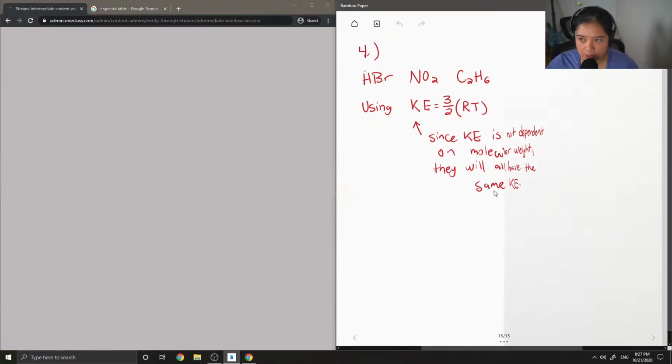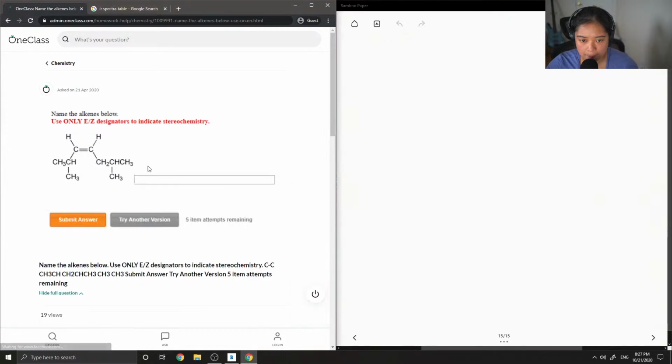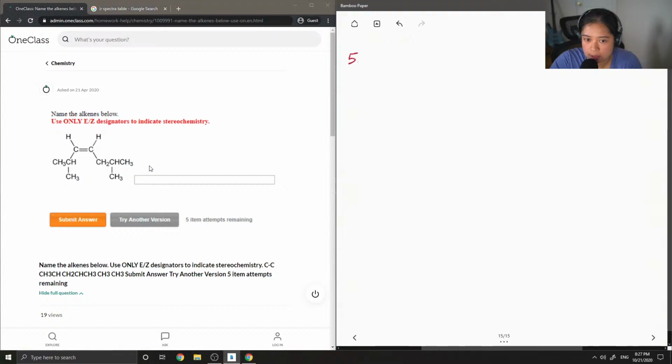I think we have time for one more question. Name the alkene below. Use only EZ designators to indicate stereochemistry. Let's write down this whole molecule.